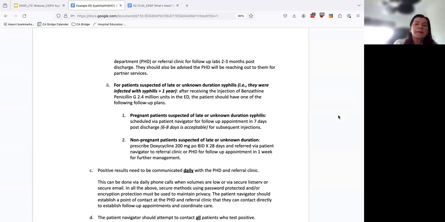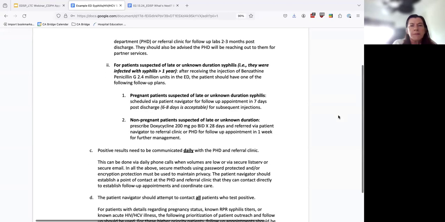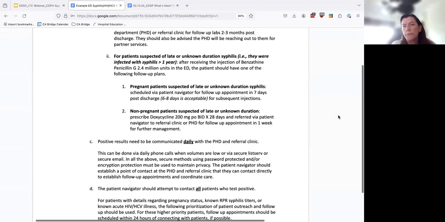For patients suspected of late or unknown duration syphilis, meaning they've had syphilis for greater than a year from the time of your diagnosis, then they typically need 3 injections of benzathine penicillin G. And in the case that the ED provider determines it's appropriate to begin treatment there in the ED, they can have that first injection in the emergency department.